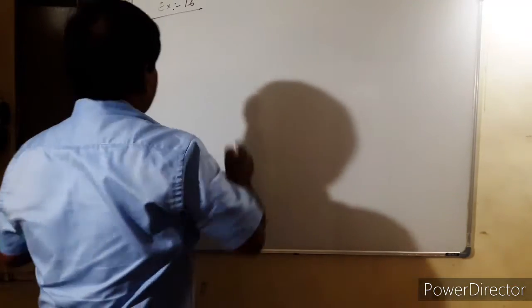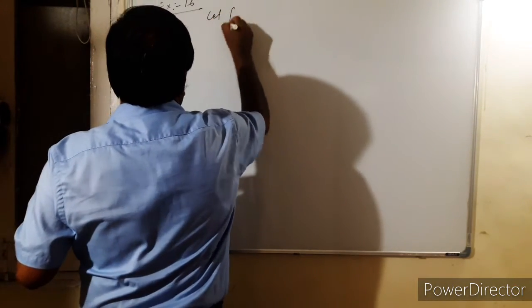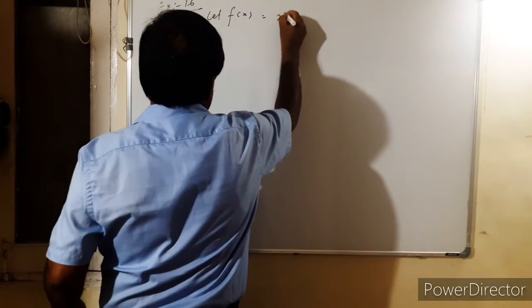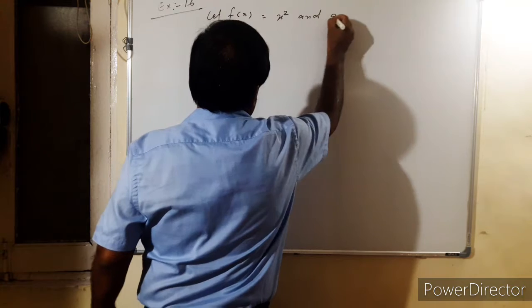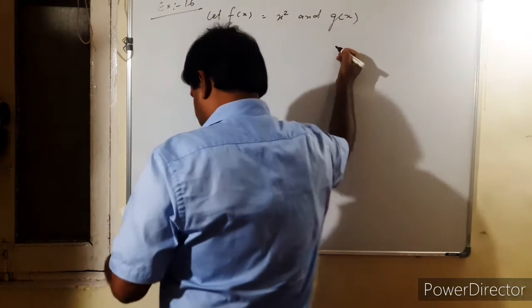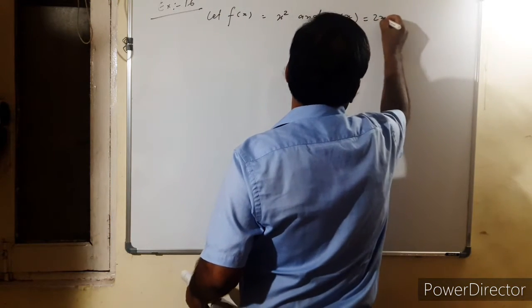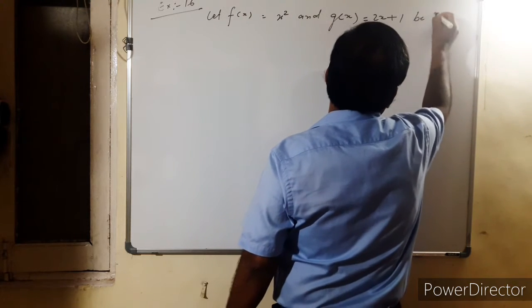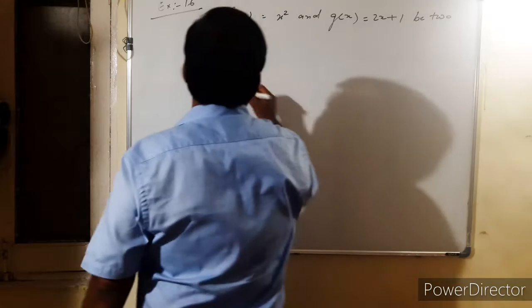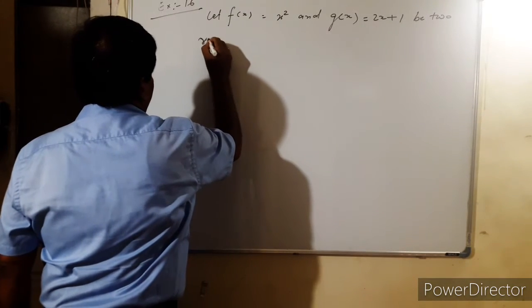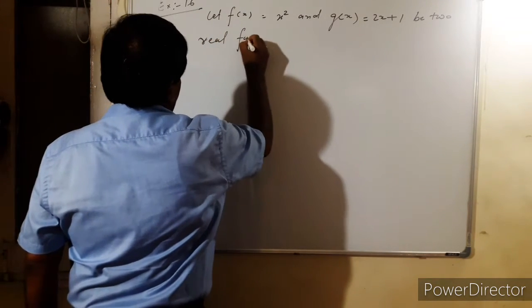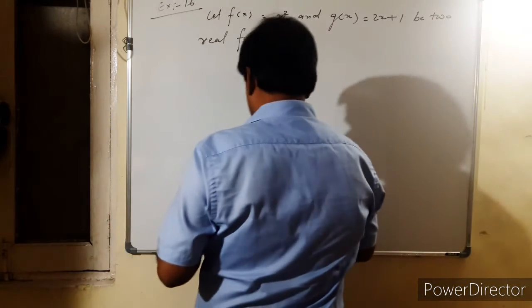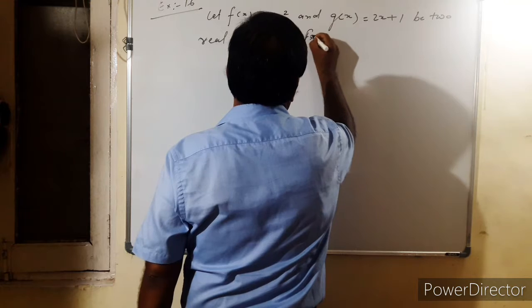Let f(x) is equal to x square and g(x) is equal to 2x plus 1 be two real functions.